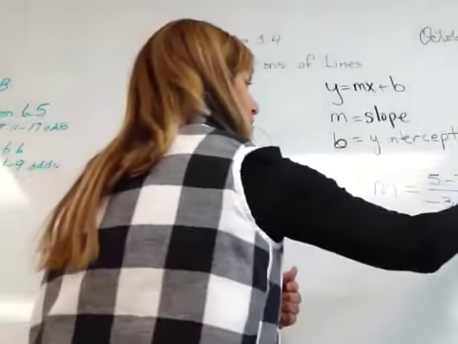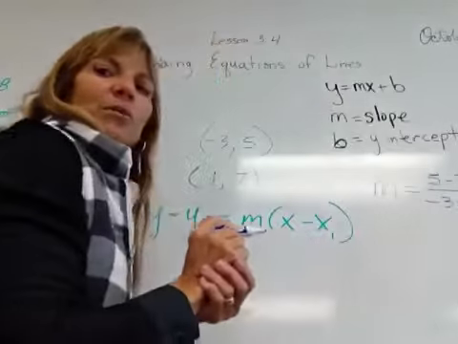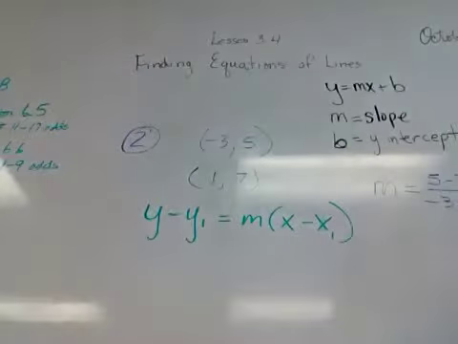Okay, then we do the math. 5 minus 7 is going to be negative 2. And then negative 3 minus 1, add the opposite, negative 4. So negative 2 over negative 4 is going to be what? 1/2. Good, positive 1/2. Okay, so our slope is 1/2.